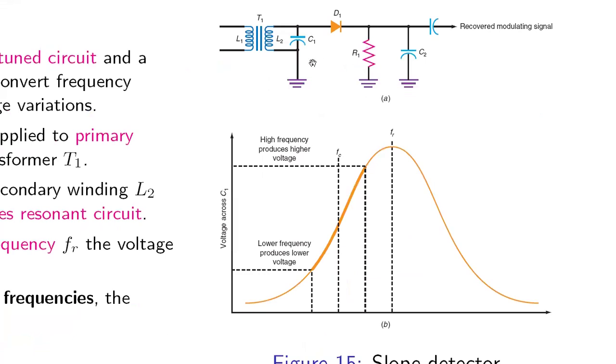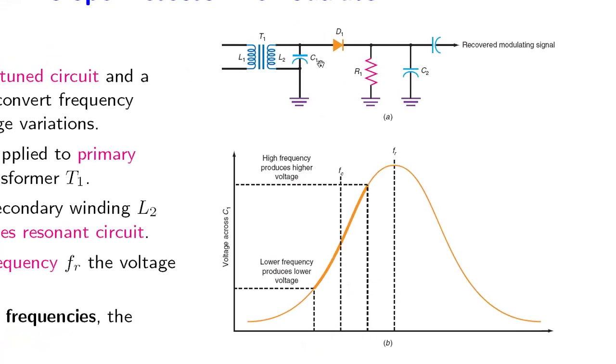Similarly, L2 and C1 act as a filter circuit. So this is the response of this filter, L2 and C1. This is the voltage across C1 as the frequency goes on increasing. The response is like this.